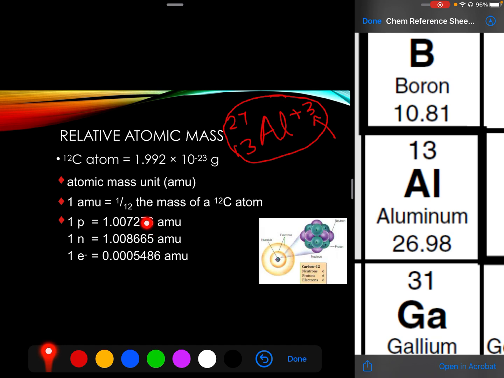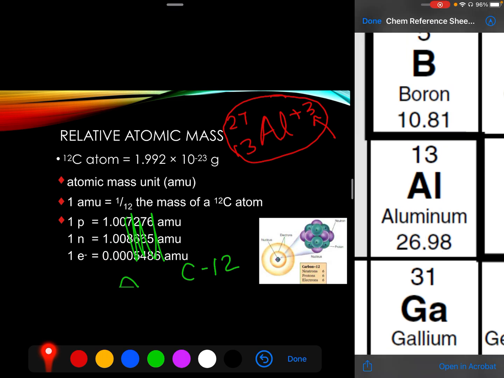Now, I put the big numbers there so you could see the entire thing, but we know with sig figs, a lot of times this doesn't really matter, and that's kind of handy for us because this is where we get the fact that carbon-12 has a mass of 12. There are 6 neutrons and 6 protons, and then the electrons, there are 6 of them, but they have a mass of 0.